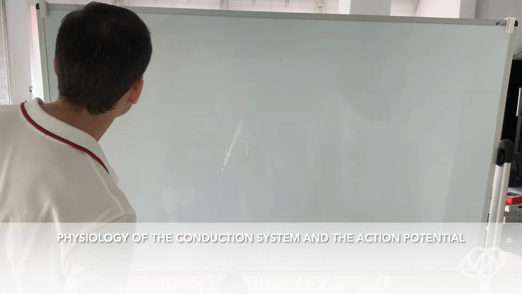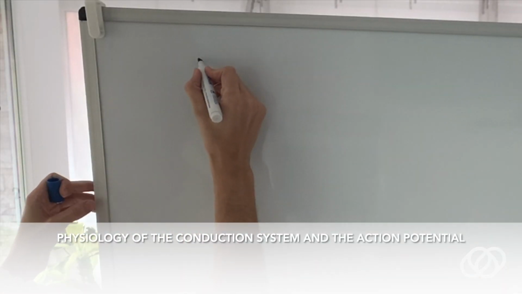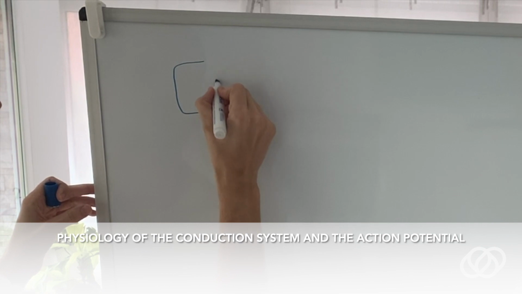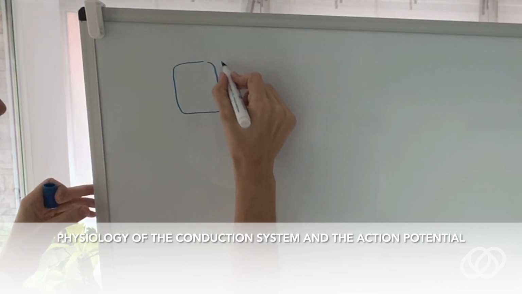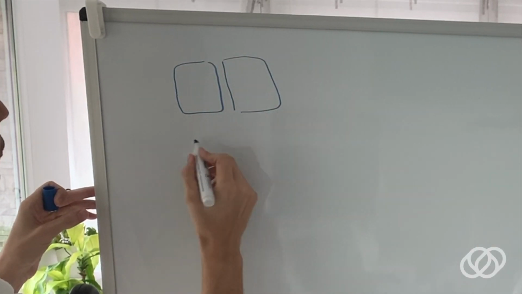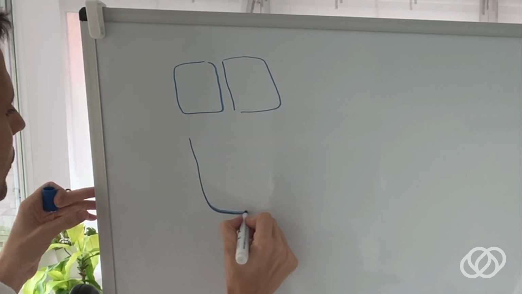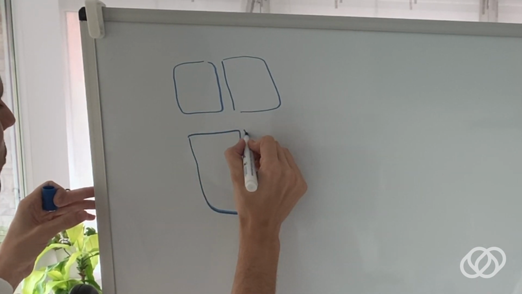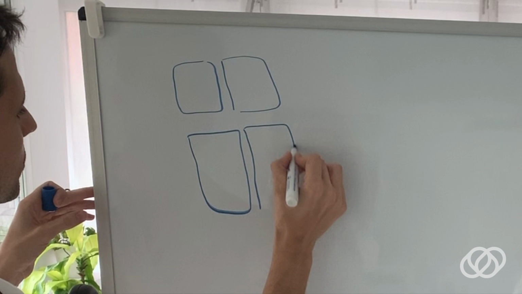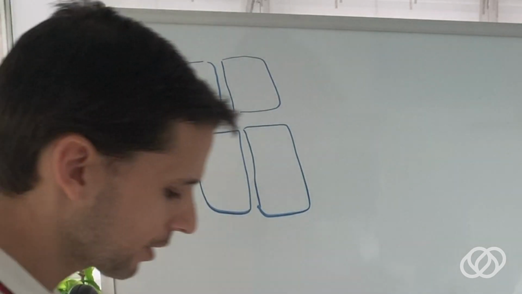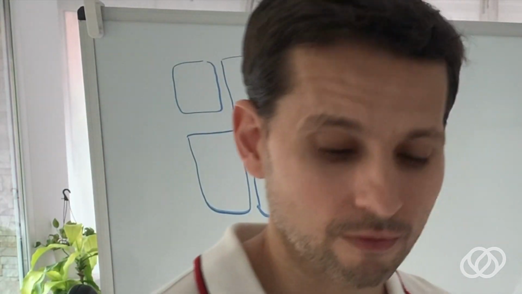So to start, we are going to perform a brief draft of the heart. Here is the right atrium, the left atrium. Here we have the right ventricle. Here we are going to have the left ventricle. So now we are going to represent the conduction system of the heart. We know that the heart is mainly composed of 3 types of tissue.